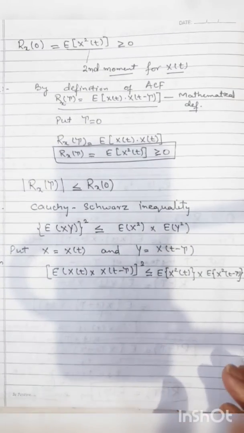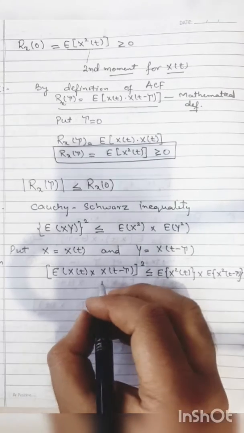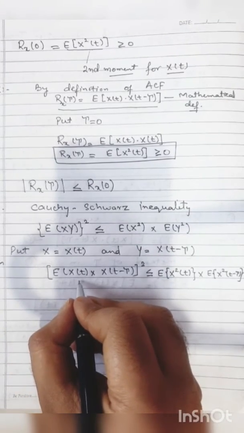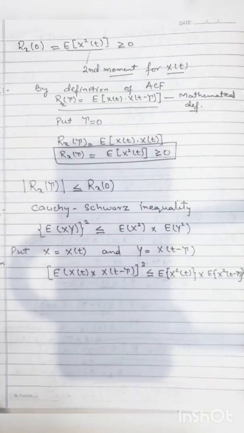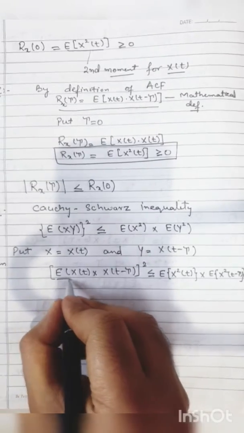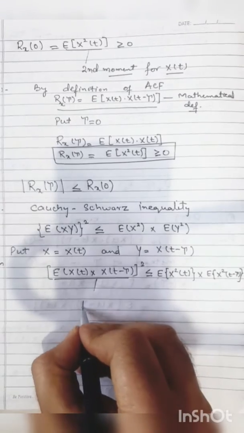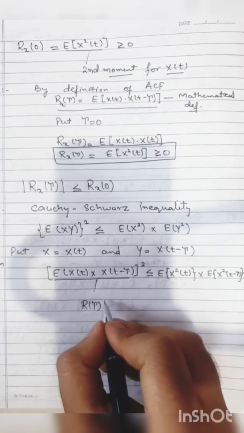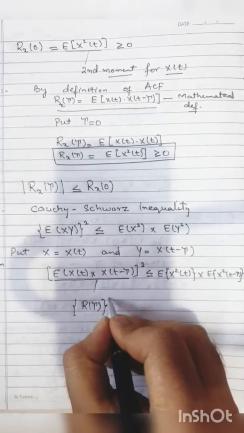Done. Now, the expectation of X(t) into X(t minus tau), by the definition of autocorrelation, is nothing but your R(tau). So you can write this as R(tau) whole squared.